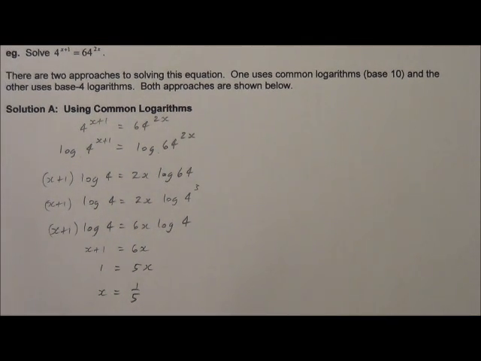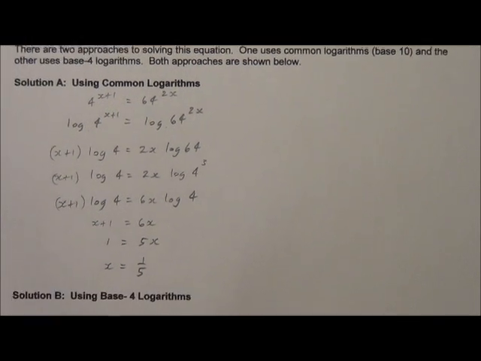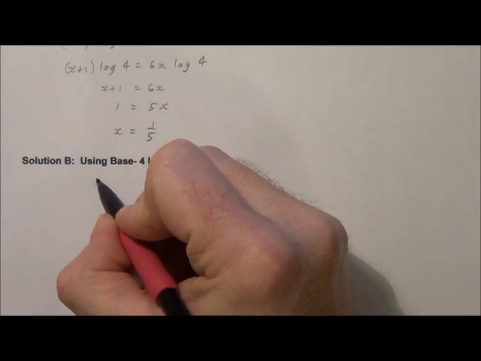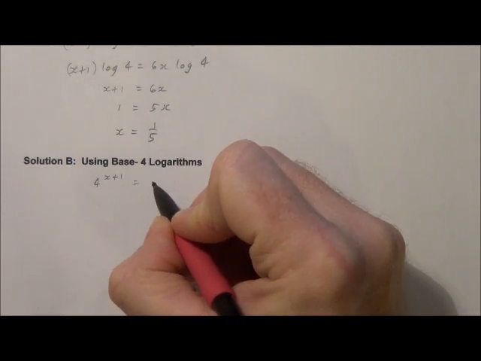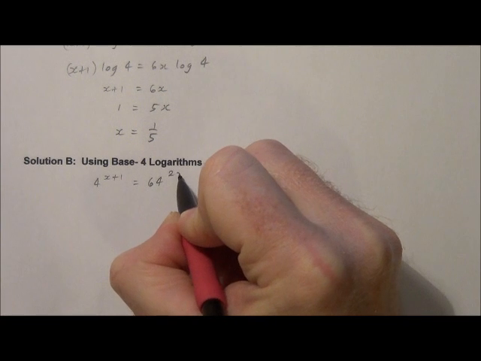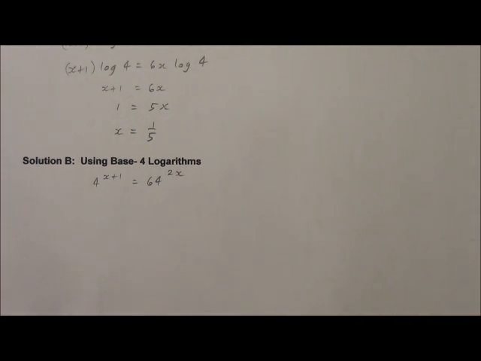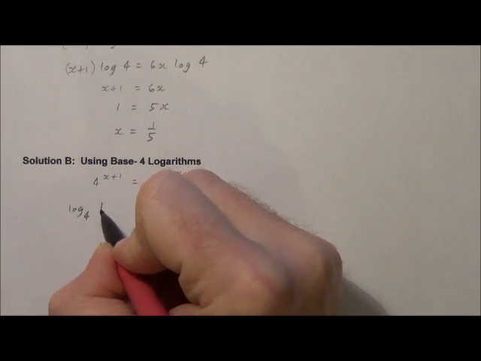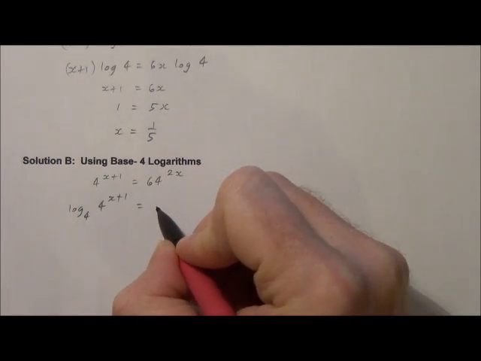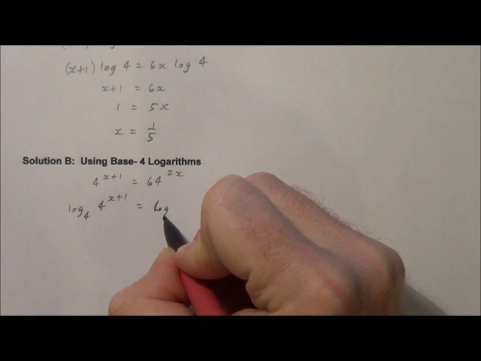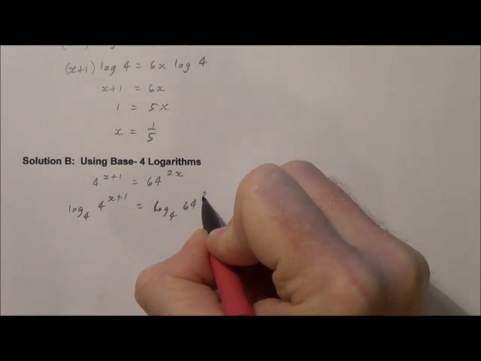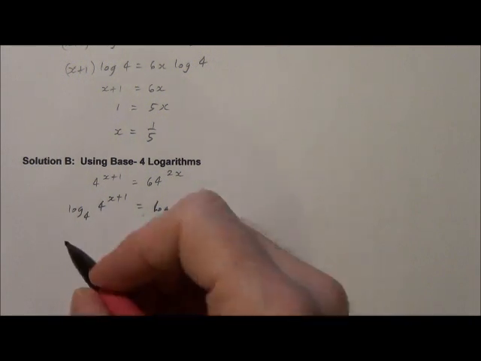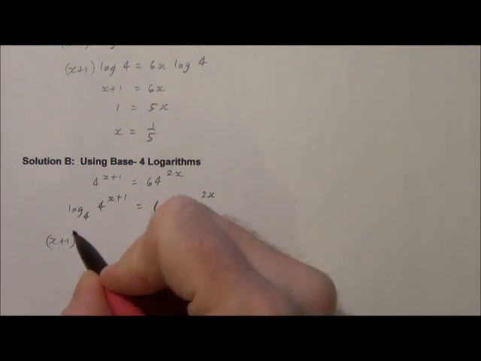Okay, so let's take a look at doing this another way, using base 4 logarithms. So again, 4 to the x plus 1 equals 64 to the 2x. And take the log of base 4 of both sides. I'll bring the exponents down in front, following the laws of logarithms.